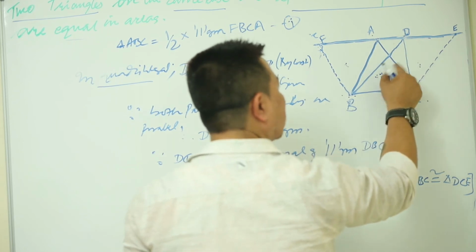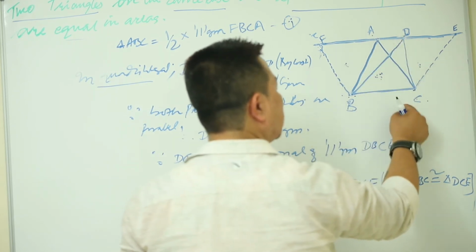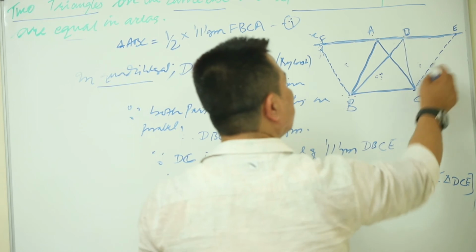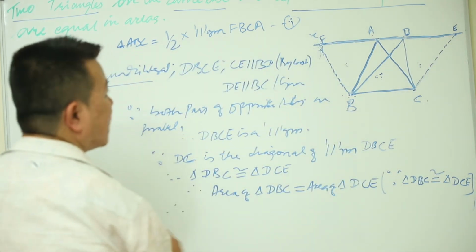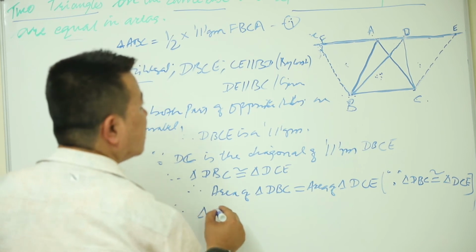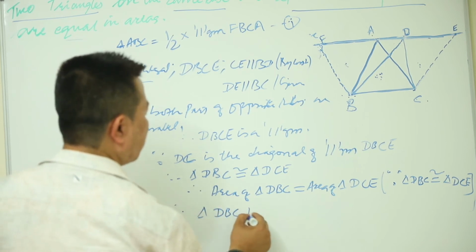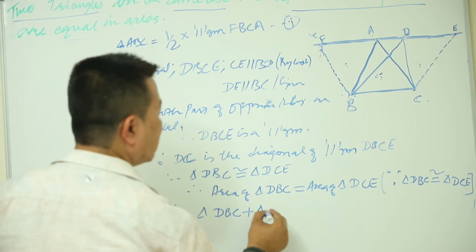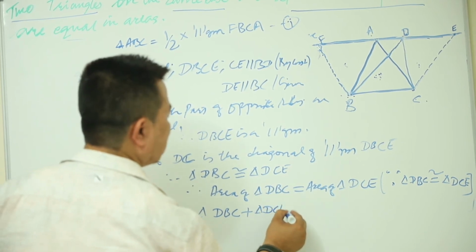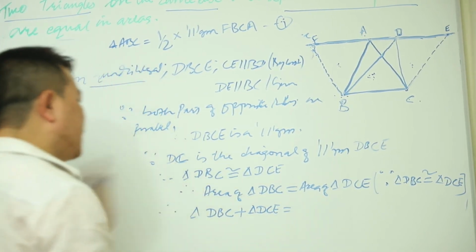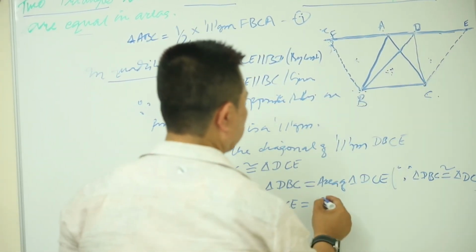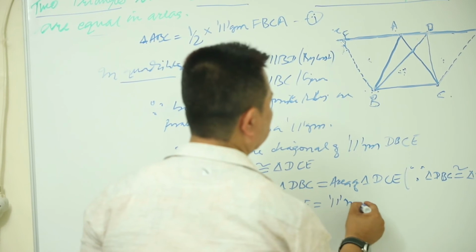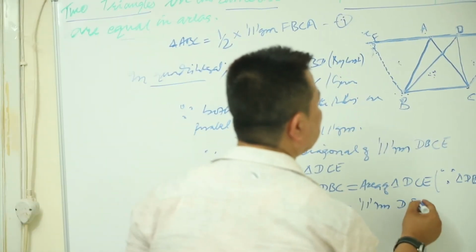When you add triangle DBC and triangle DCE, you get the whole parallelogram DBCE.